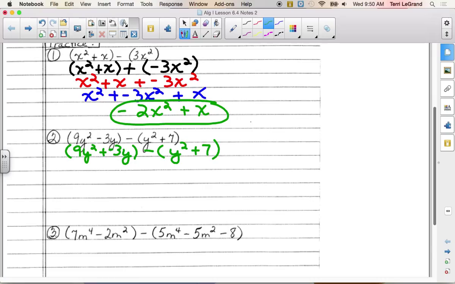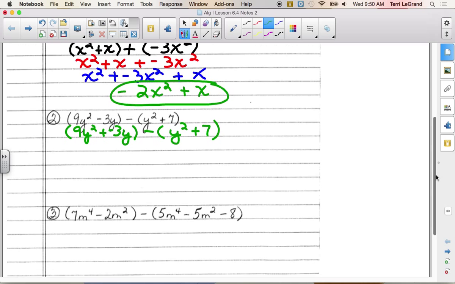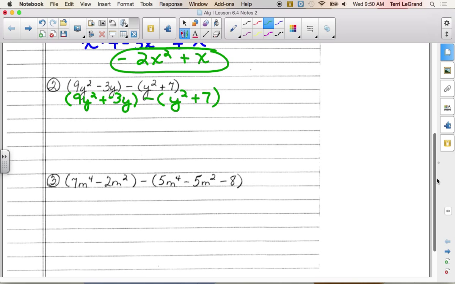We meaning the students that I've already experienced this with. Now we're going to change the subtraction for the polynomials. No, we're not dropping any parentheses yet. Change this subtraction to addition.